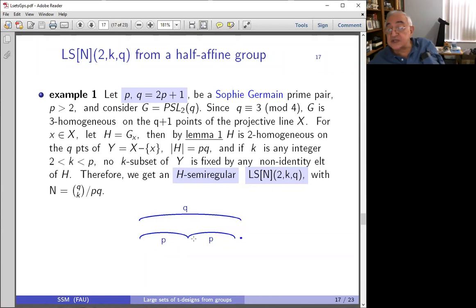The powers of this element here, for example, elements that fix a point, they will always be like that. I cannot get a union of these orbits, of these cycles, to be a K set. And of course, even worse is the top, which is powers of, notice, this is just part of the PSL2Q. It's a stabilizer of a point.